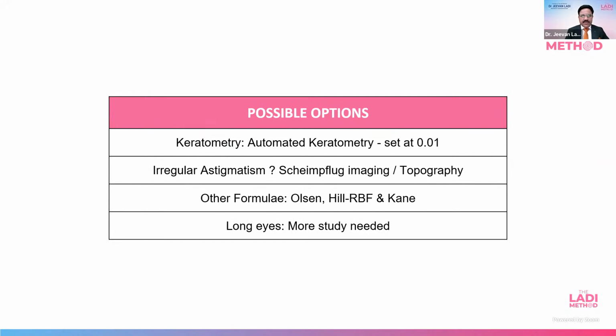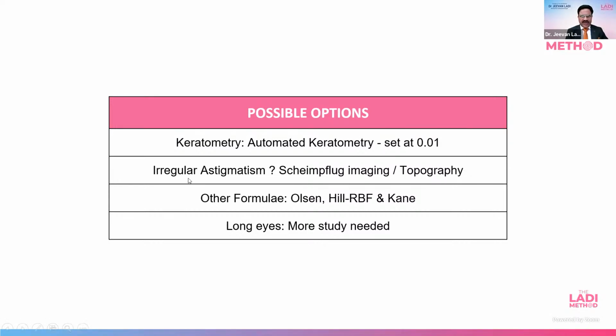Now let's see possible options if somebody doesn't have a topographer or a Scheimpflug imaging system, though it's a common instrument today. You can use a simple automated keratometry. The only thing is, set your values to 0.01 so that you get more accurate readings.